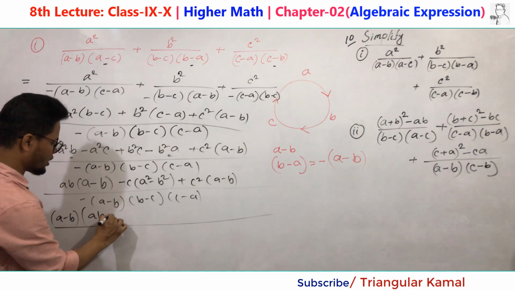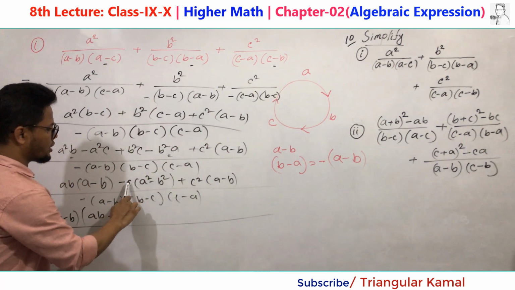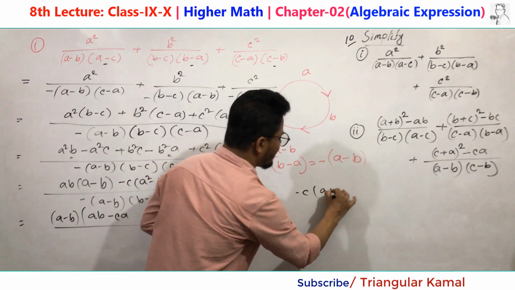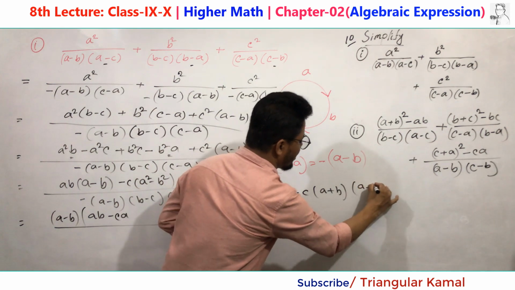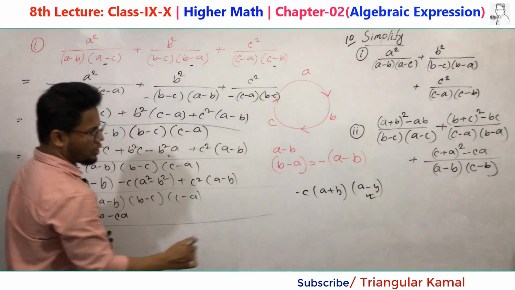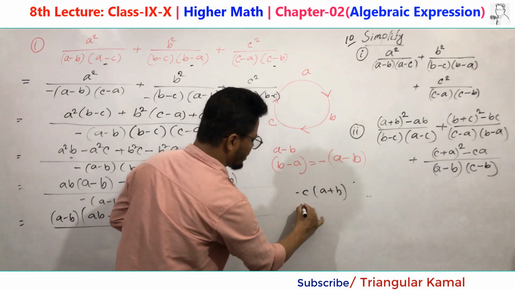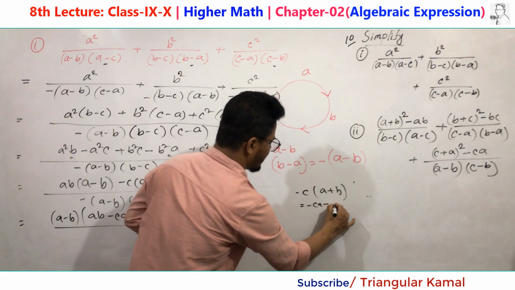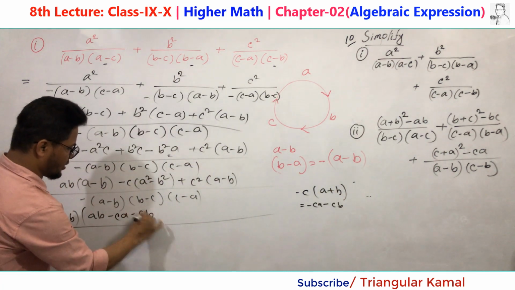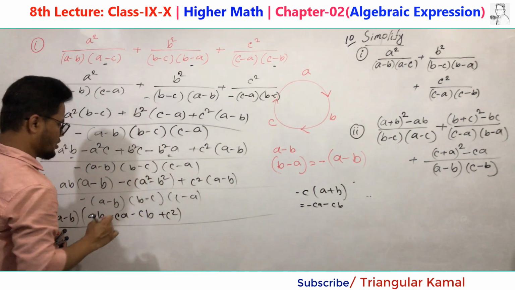Then do the calculation: minus c multiplied by a plus b and a minus b. Already a minus b is common here, so the remaining part is minus ca minus cb, and here the remaining part is only c square.